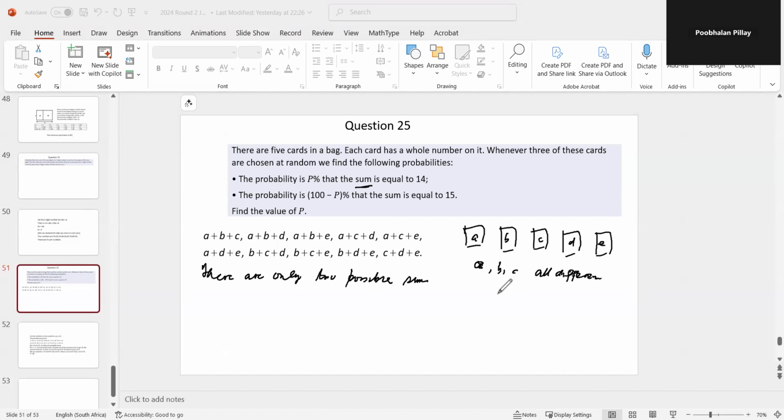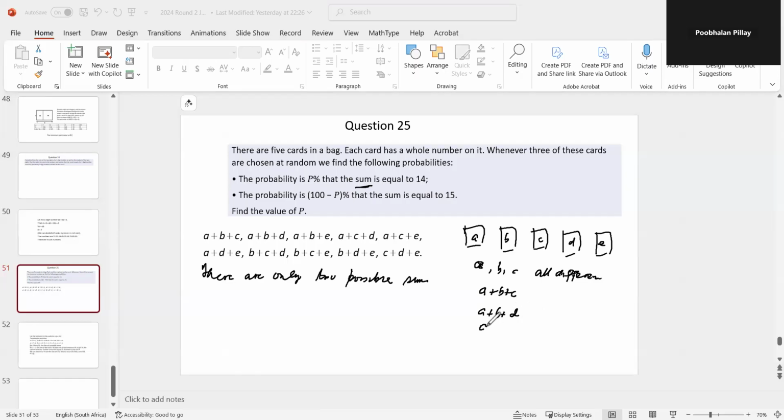If that is the case, then you'll have, for instance, A plus B plus C is one answer. And you'll have A plus B plus D is another answer.